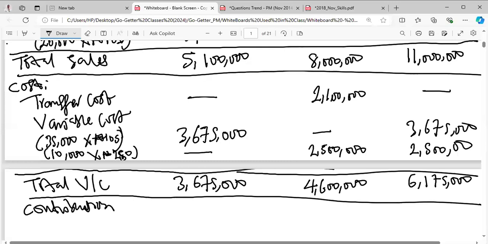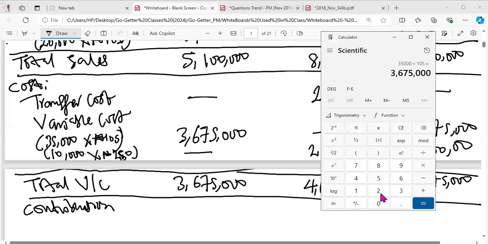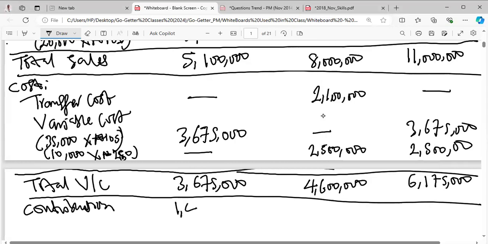So let's do that now. Sales is 5,100,000 minus 3,675,000. That gives us 1,425,000.